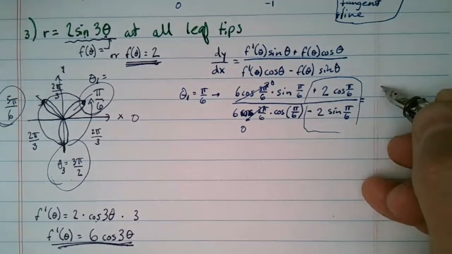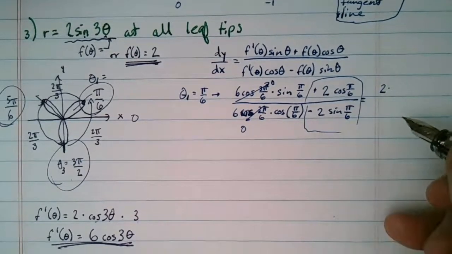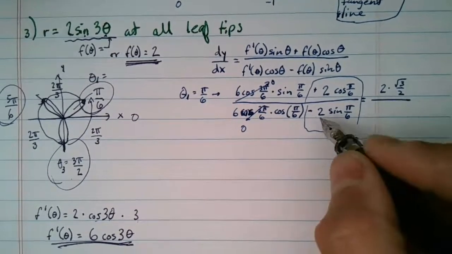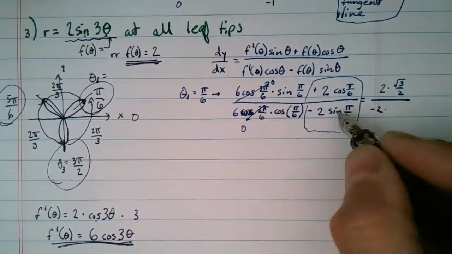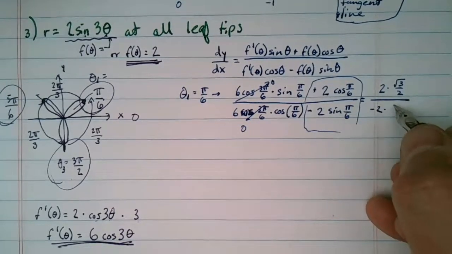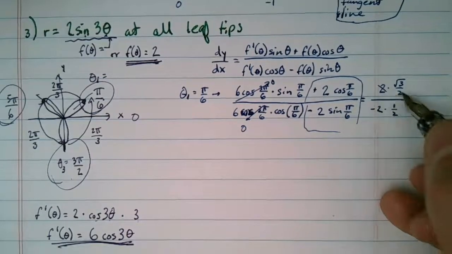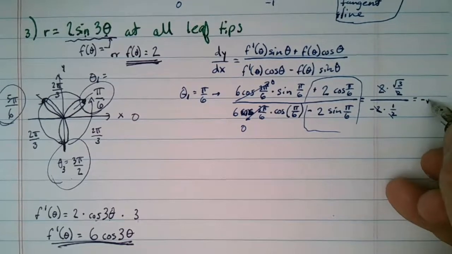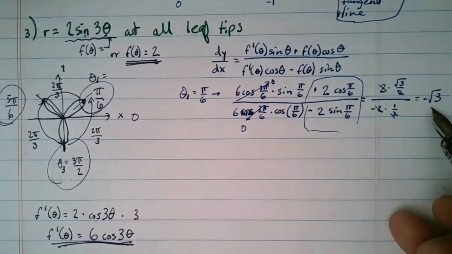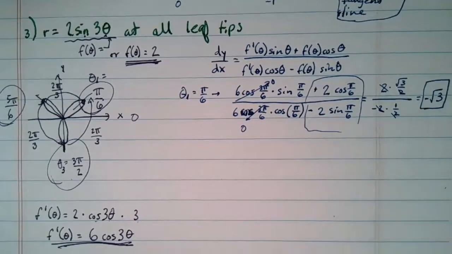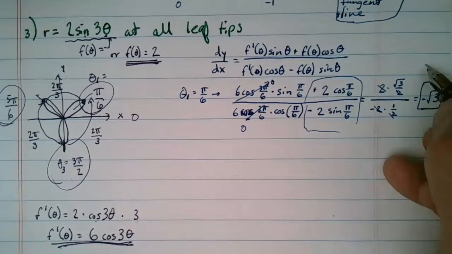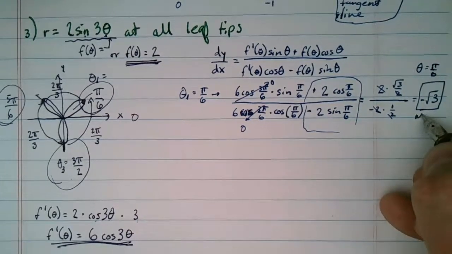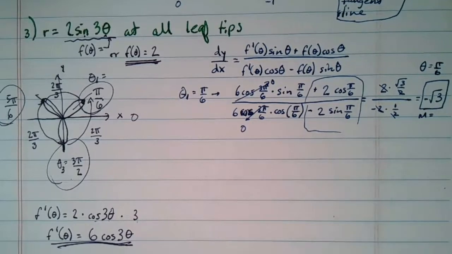That's going to give me 2 times the cosine of pi by 6, or the cosine of 30 degrees, which is root 3 by 2, over negative 2 times the sine of pi by 6, or the sine of 30 degrees, which is 1/2. Well, those 2's go away, and I get root 3 over negative 1, which is negative root 3. Okay, so for theta 1, so for theta equals pi by 6, this is the slope of the tangent line. M equals negative root 3.